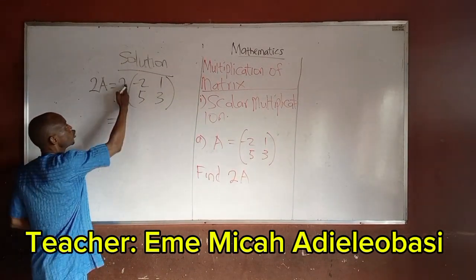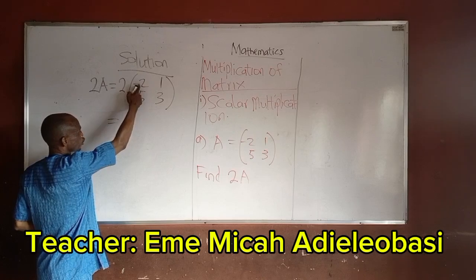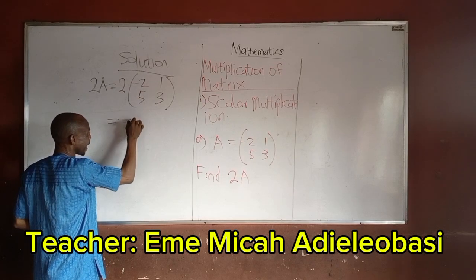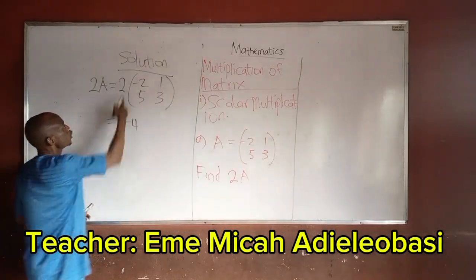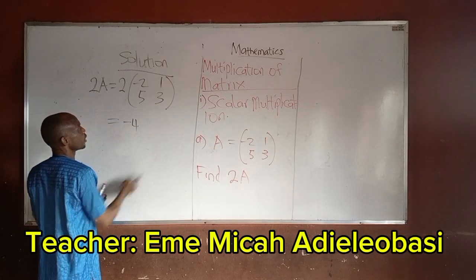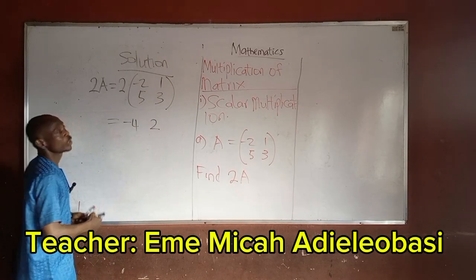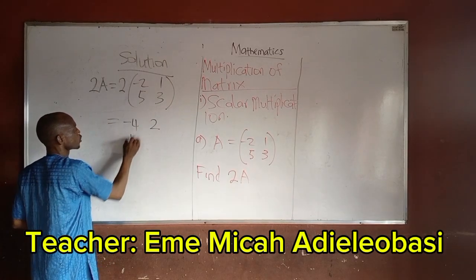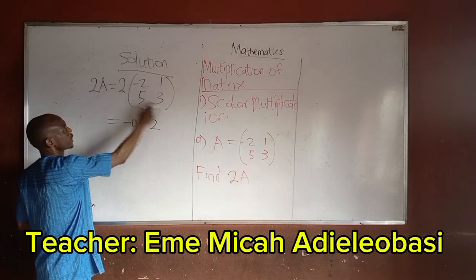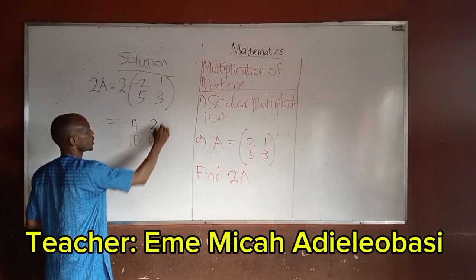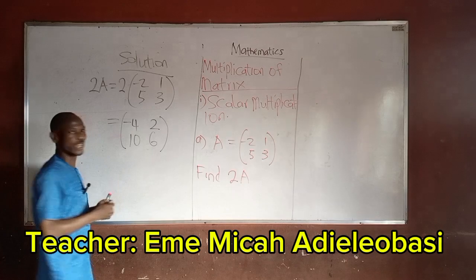So we now have 2 times -2 will give us -4. 2 times 1 will give us 2. 2 times 5 will give us 10. And 2 times 3 will give us 6. So this becomes our answer.